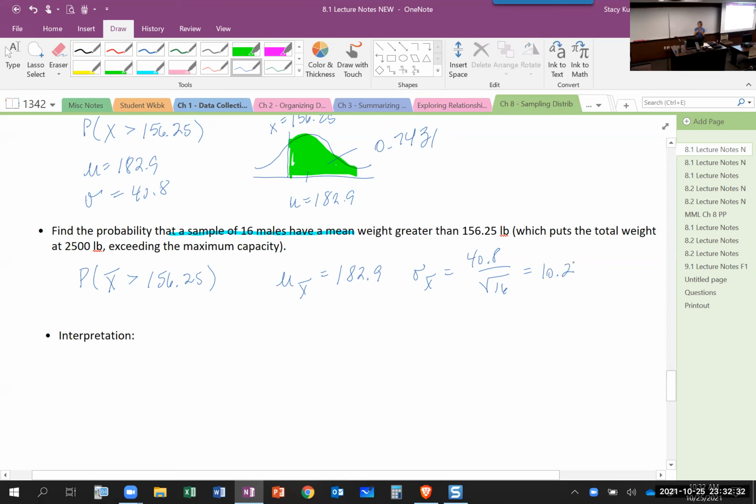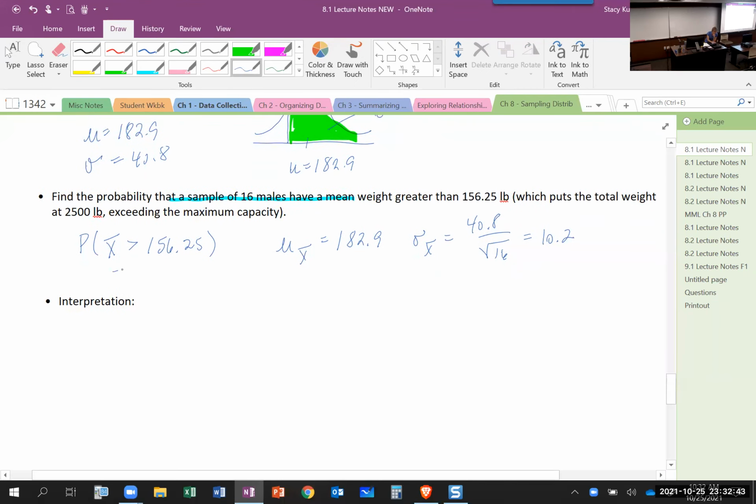So these are the values. This mean and this standard deviation is what we're going to put into the normal calculator. So what is the probability that a sample of 16 men have an average weight greater than 156.25? 0.9956, is that right?